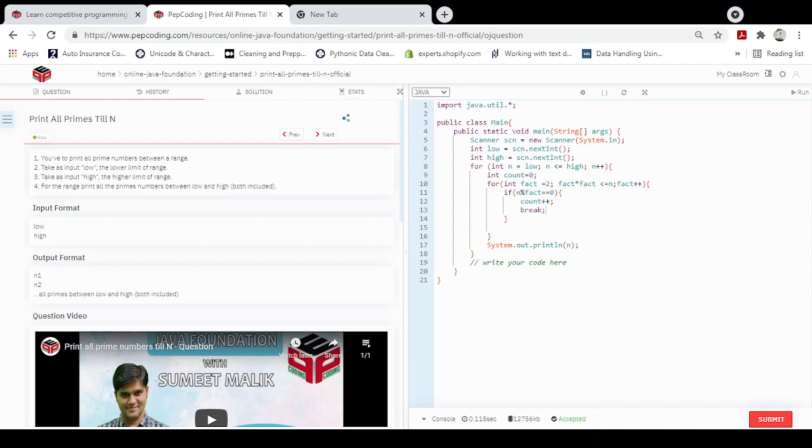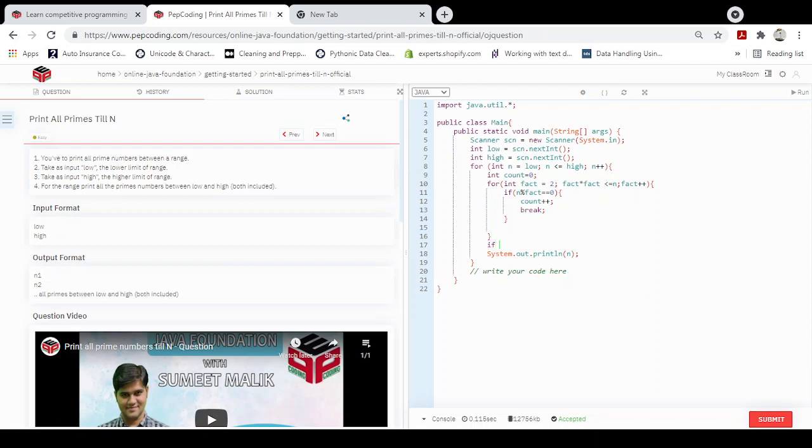Like if we got 2 as the factor, then we need not check for 3, 4, 5 and 6, because we are getting an extra factor other than 1 and that number. So basically it signifies that the number is not prime. So why do we need to check other factors? We are satisfied here only that this number is not prime. So we'll break out from that loop, and after that we'll System.out.println.